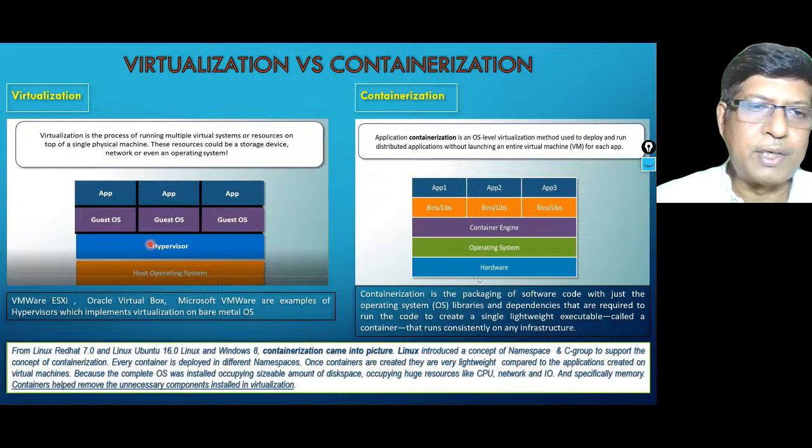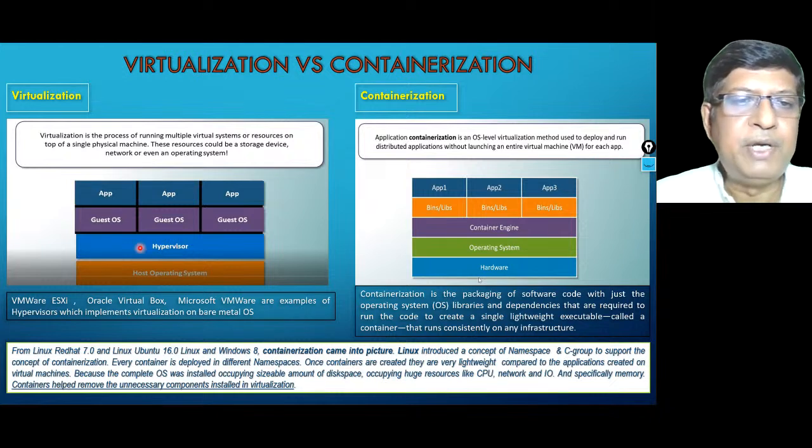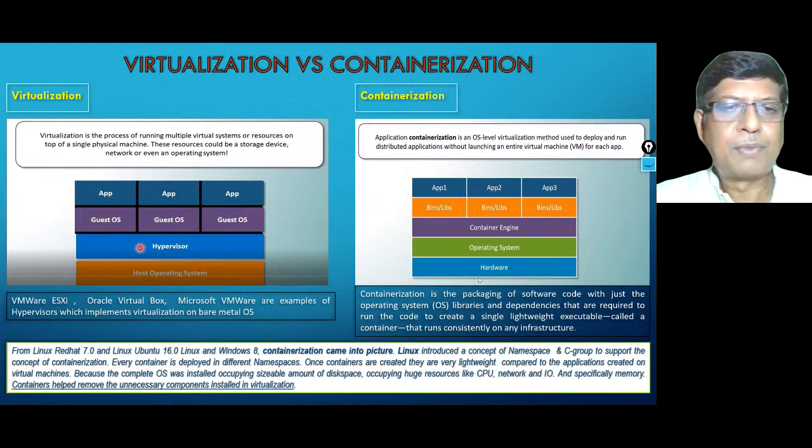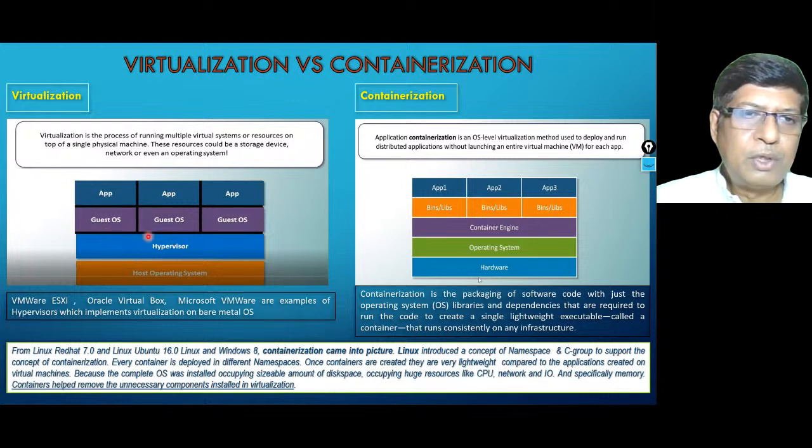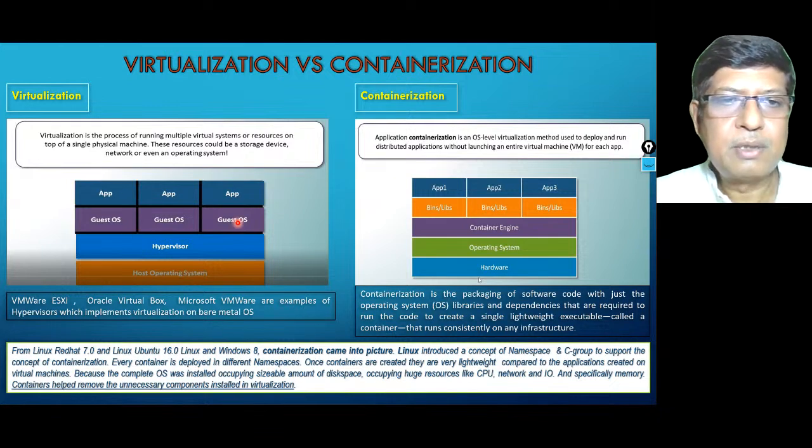This is a software. You install it over the operating system, and with the help of this hypervisor, it can be VMware as well, or from Oracle VirtualBox, anything. So on top of that, you are partitioning the entire hardware into three separate virtual machines.